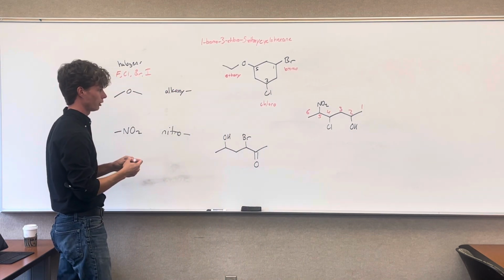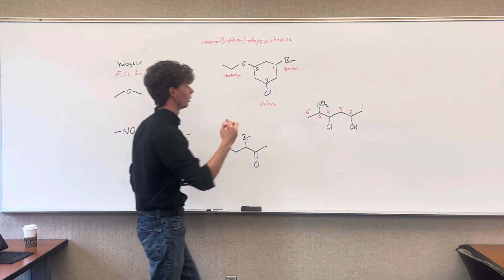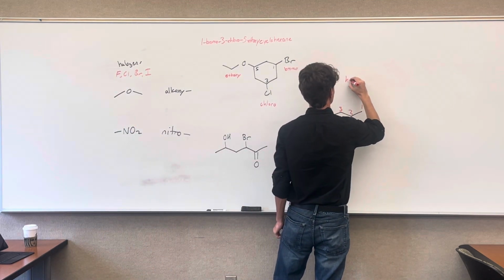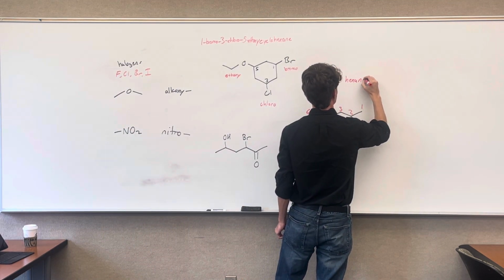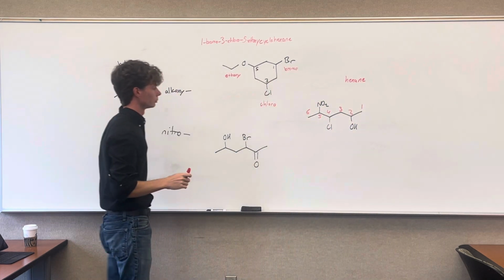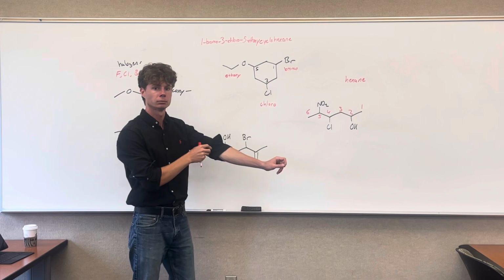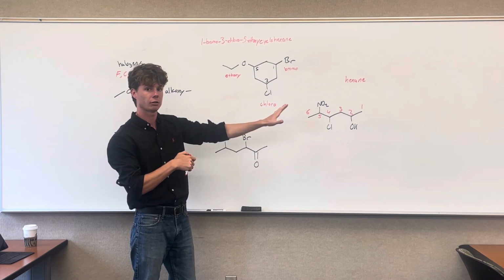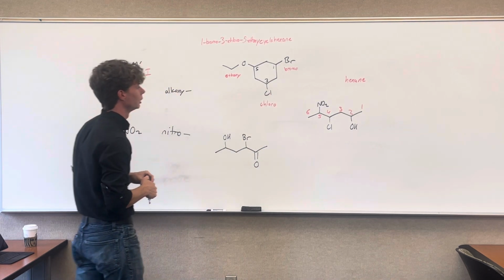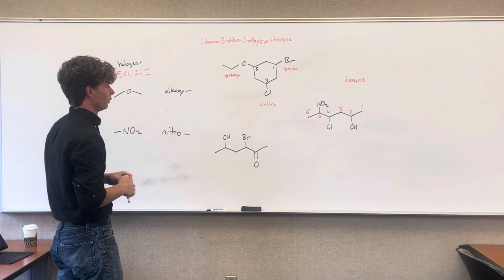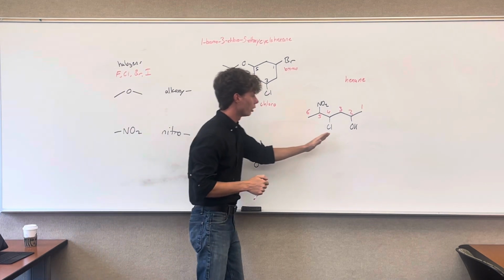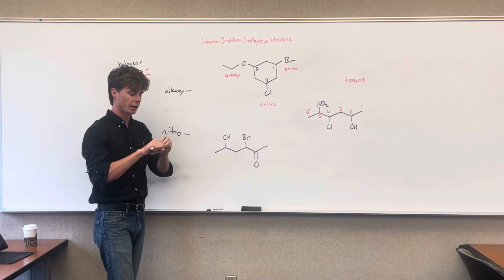My root here is 6 carbons, so that should be hexane. I said I have a functional group here with an alcohol. Okay, so it's probably not going to stay hexane, it should be hexanol. We'll get there. I'll do the prefixes. I have a nitro and a chloro. Which one should come first and why?